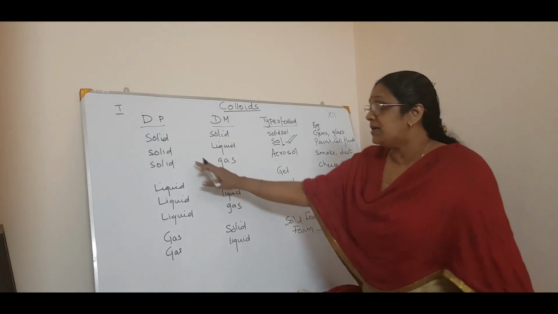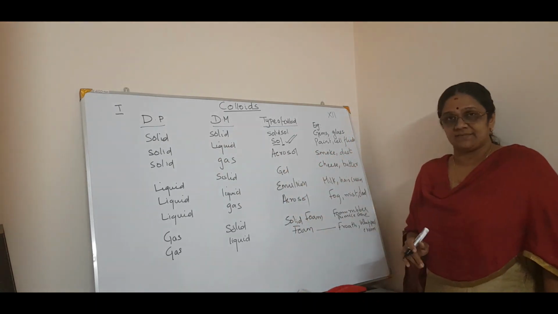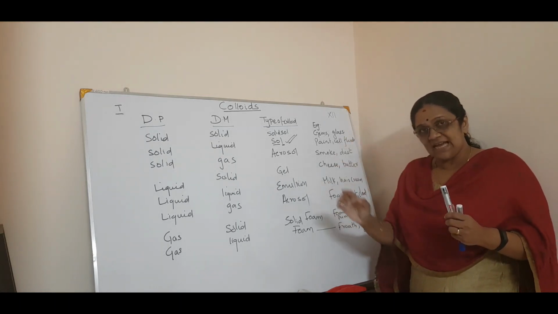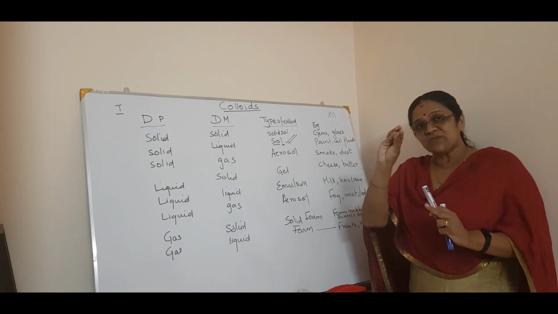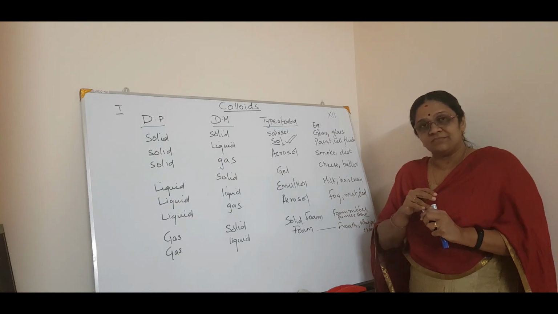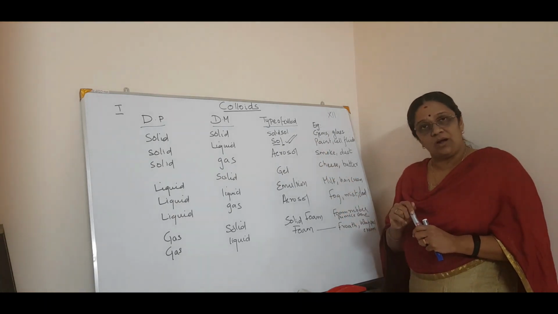Okay. Now third is dispersed phase is solid and dispersion medium is gas. Just imagine the dispersion medium is gas, the atmosphere, and in the atmosphere the dispersed phase is solid. Then that type of colloid you call aerosol.